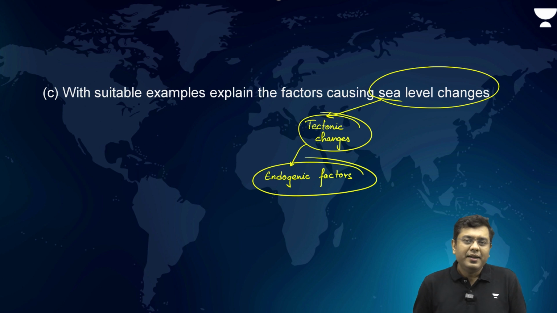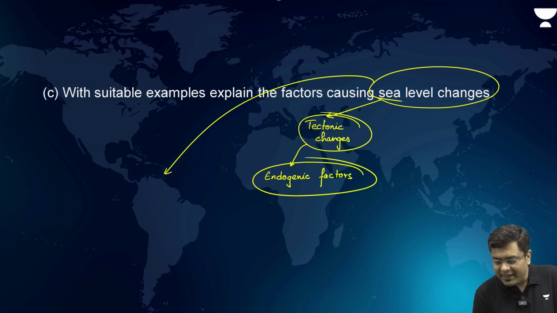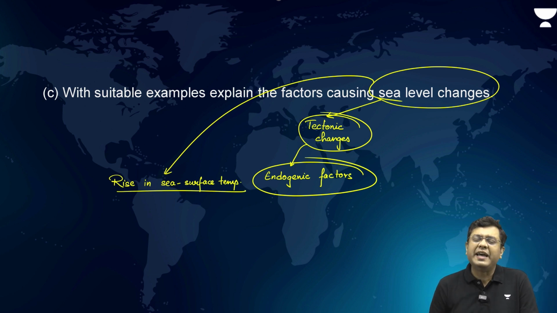And then the sea level also changes owing to the rise in sea surface temperature. Now, why is there a rise in sea surface temperature? This rise is caused because of various anthropogenic factors and natural factors as well. Overall, the rise in sea surface temperature will lead to sea level change.